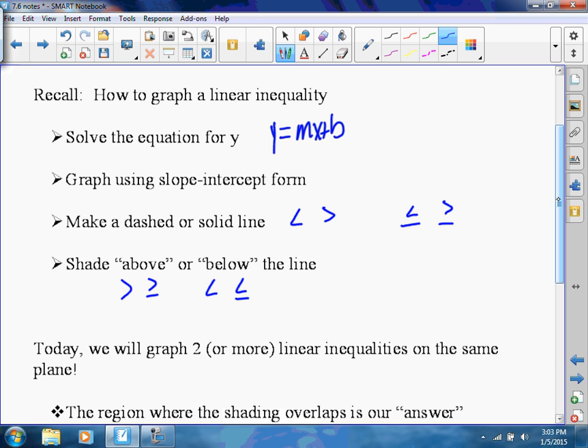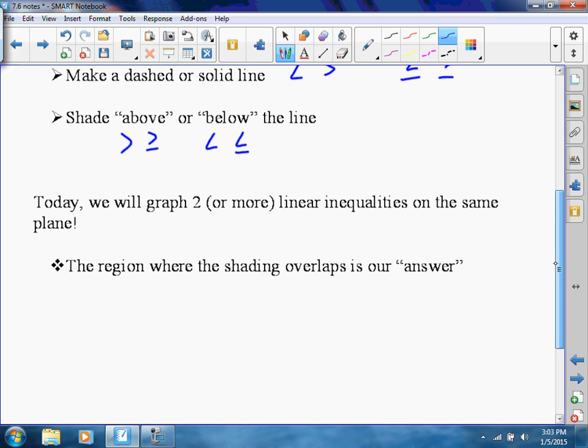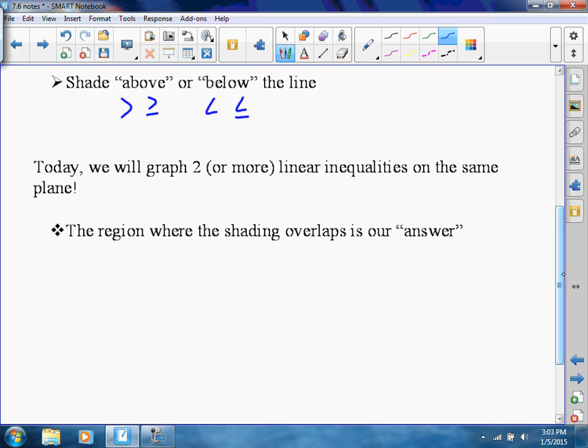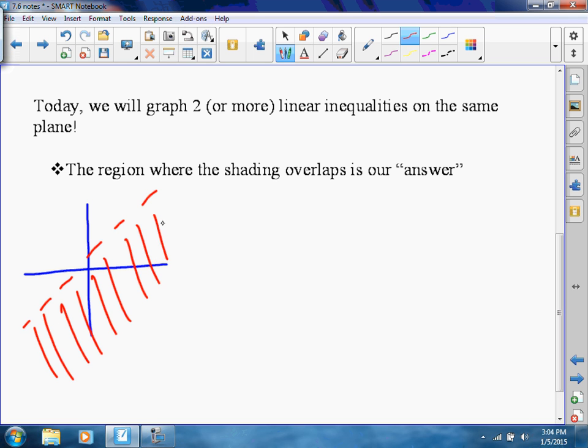So the only difference from what we've done in the past to today is that we're going to have two or more of those types of lines on our graph. And where those shaded regions overlap, that's going to be where our solution is. Just a real rough example here. We might have a line that goes like that, and it's dashed, and then you're shading below it.